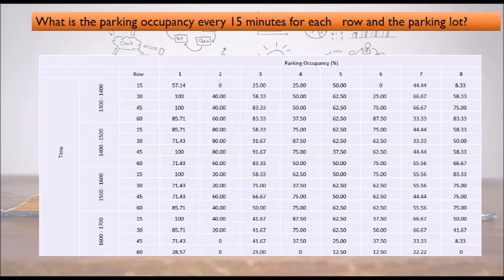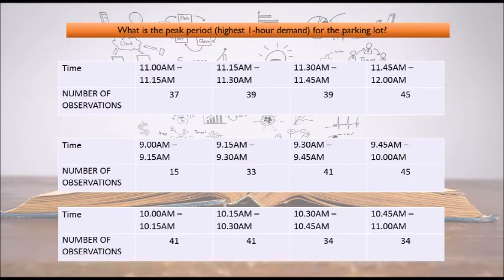From the graph we can see that in the first hour the parking occupancy increases every 15 minutes. In the second hour the parking occupancy increases, the third hour also increases and slightly decreases at the 45 minutes. Then in the last hour the parking occupancy decreased.